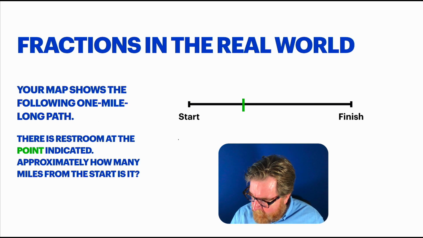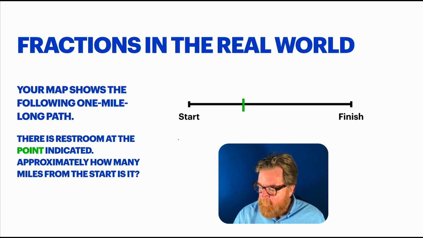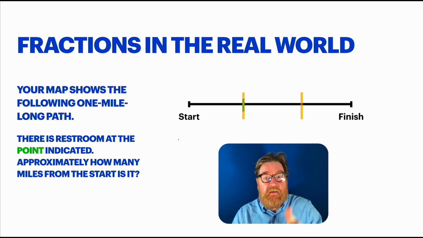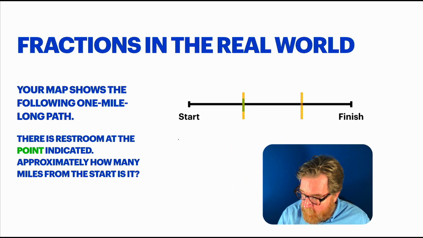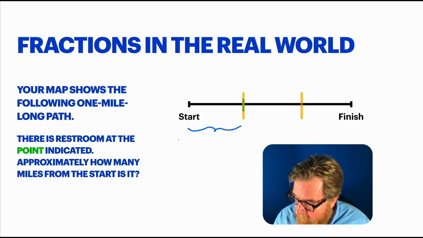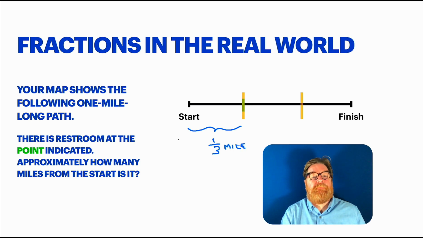So in fact, doesn't this look like that maybe if we divided that mile path up into 3 equal pieces, doesn't it look like that bathroom is almost right at the first of the thirds that we have there? Yeah, I think we're in business. This right here is 1/3 mile. That's how far away that bathroom is from the start. Looking okay? All right, excellent.